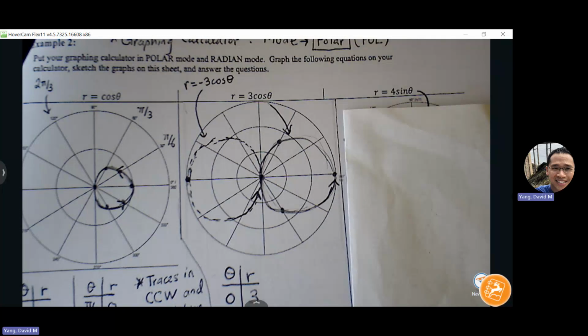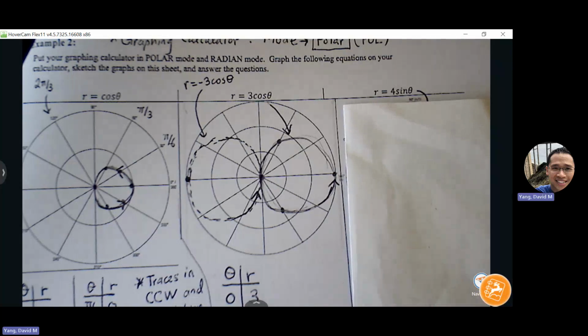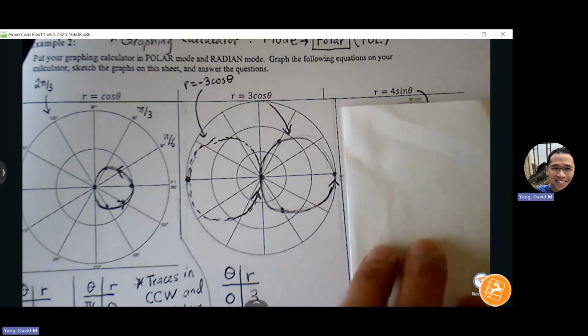You kind of have an idea where it's going to be. You know the diameter. You know kind of where that circle is going to live. And then you can also sketch out r equals -4 sine theta, right? It'll be above each other, right? Over the y-axis, over the x-axis.